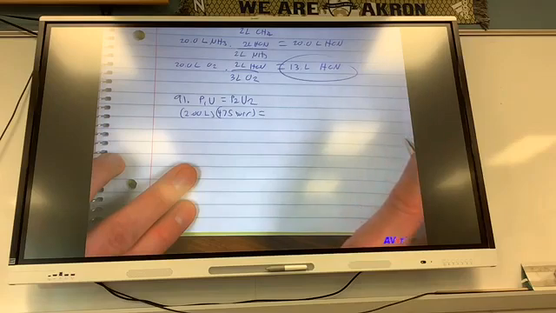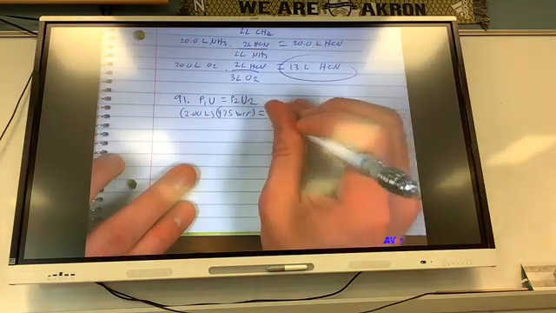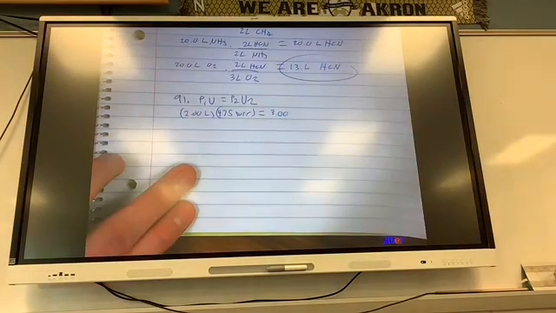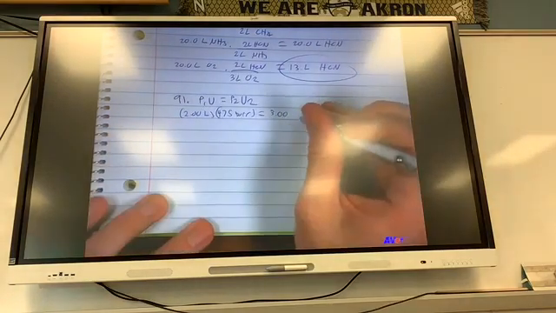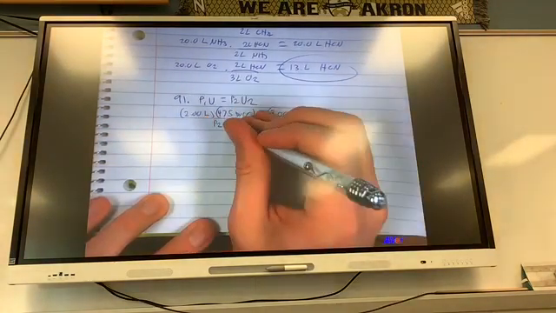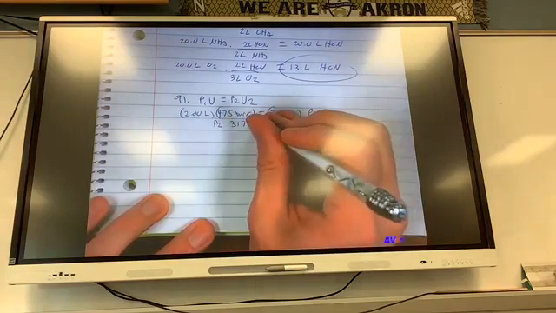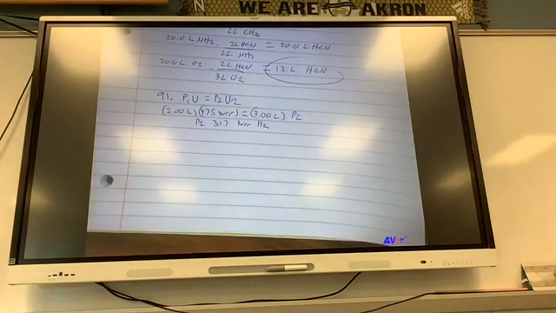It says assume the final volume is 3 liters, because once I open that valve, it's in everywhere. Agreed? So my second one is 3 liters times P2. My P2 is 317 torr of H2. So that's part 1.